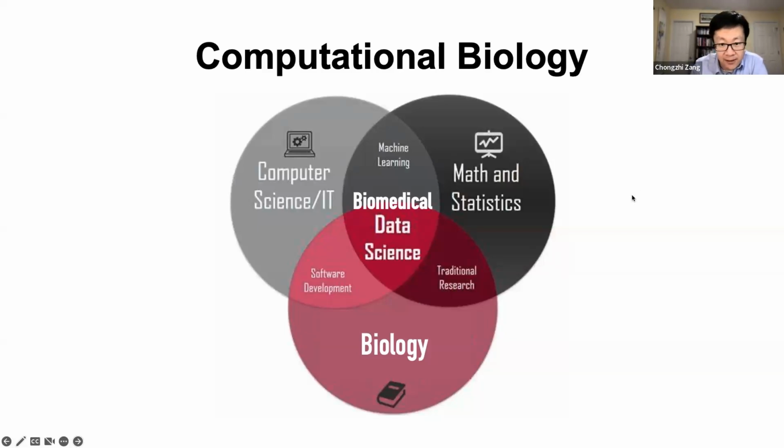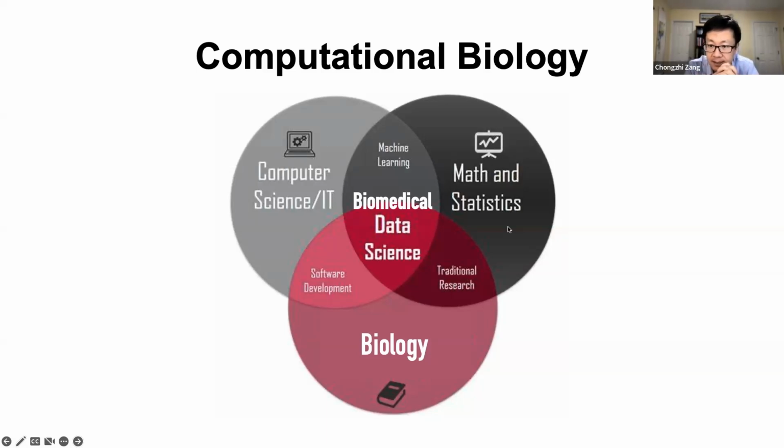Of course, the domain knowledge in biomedical data science is to study biology. The other two important foundations are computer science, and math and statistics. Computer science, many of you already have some preparation or foundation in, and as Nathan's lecture on Monday went over the history of computational biology, we know it's a combination of the development of computer science and biology.